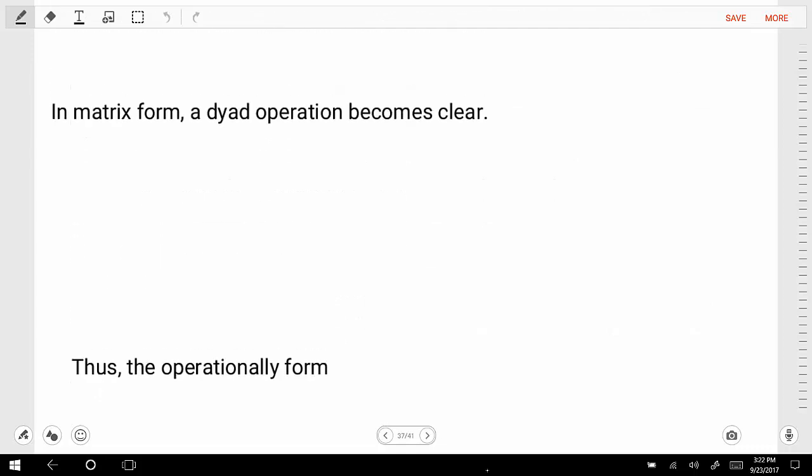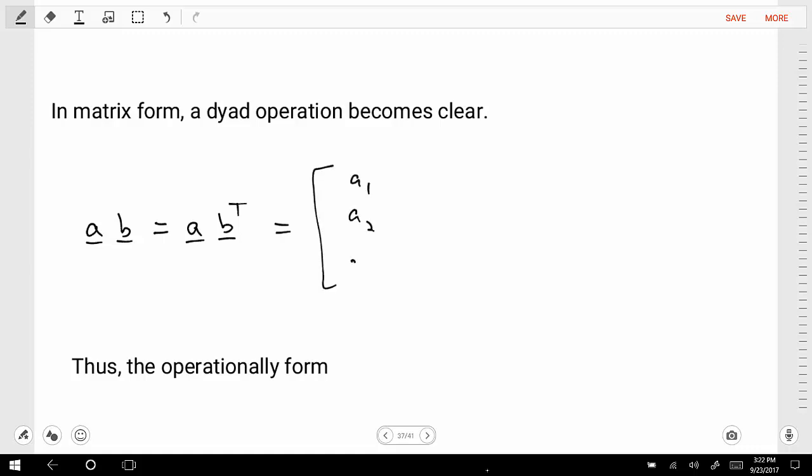Now let's step back a second and see the dyad operation in matrix form so that it becomes clear how this operation functions. Say we have a dyad, a vector and a vector. I like to remind myself that this is the same thing as A times B transpose, where we switch the rows and columns, such that we have A1, A2, A3 times B1, B2, and B3.